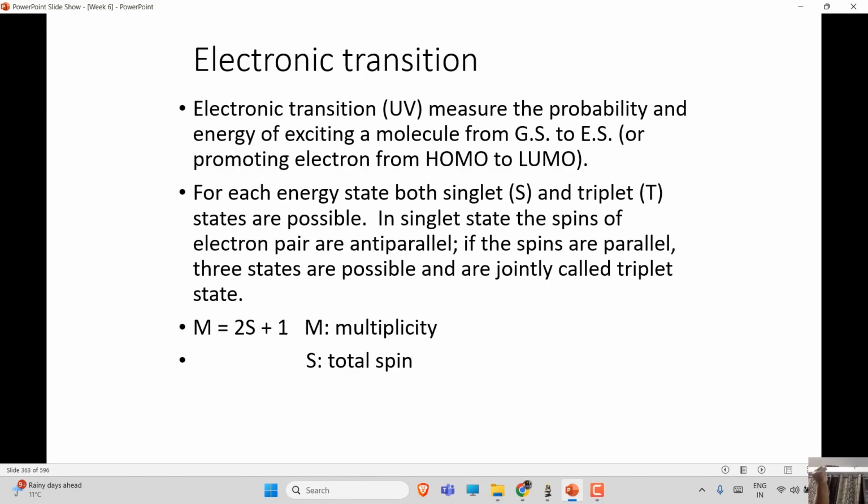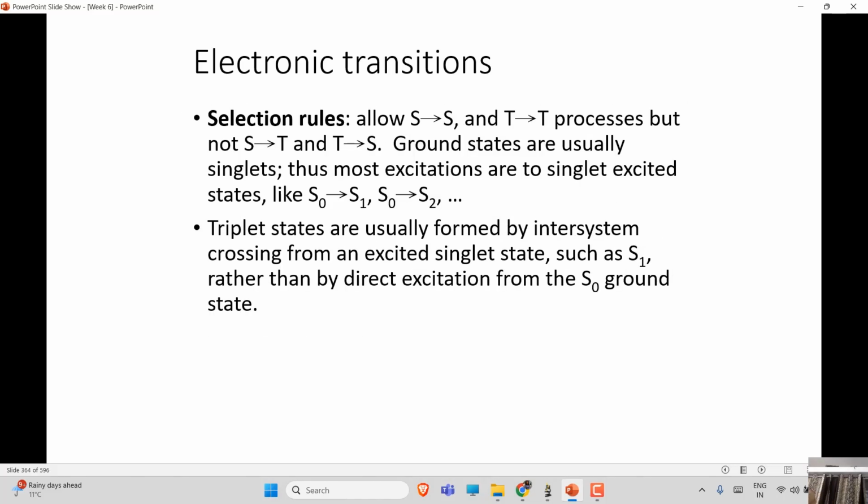If the spins are parallel, three states are possible and are jointly called the triplet state. Selection rules allow S to S and T to T processes, not singlet to triplet and triplet to singlet.